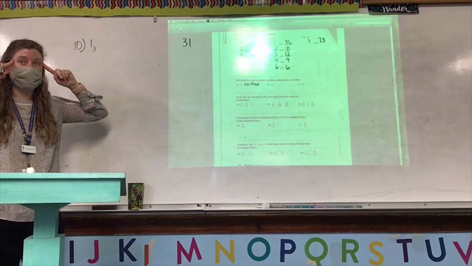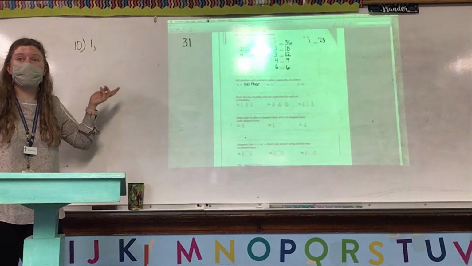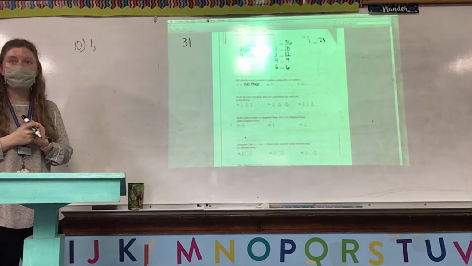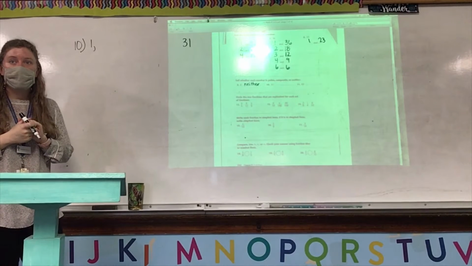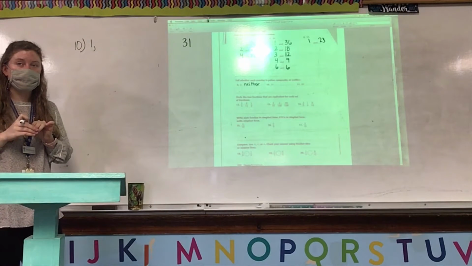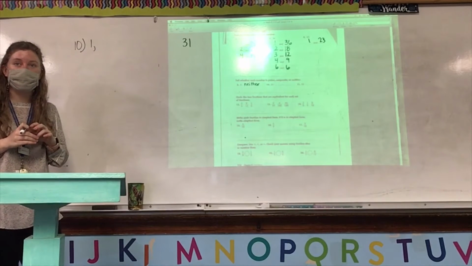What about 11? What about 12? And we don't have to keep going. So what does that mean about 31? 31 only has 1 factor? No. We found the factors. What does that mean about 31?